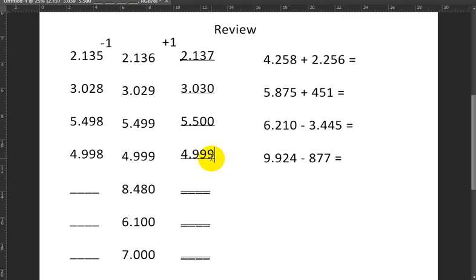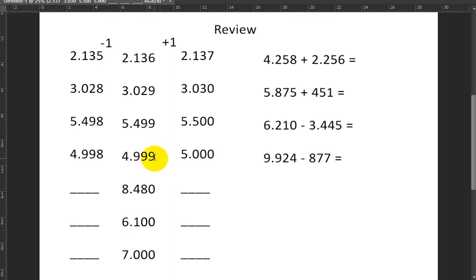So I add 1 here, and this 9 becomes 10, so I need to write 0 and carry 1 over this 9. So I'm going to add it to that 9, and that's also going to become 0. And I have to carry 1 more above the 9. So 1 plus this 9 makes this 0 again. And I'm going to carry 1 over here and add it to this 4. And it's going to become 5.